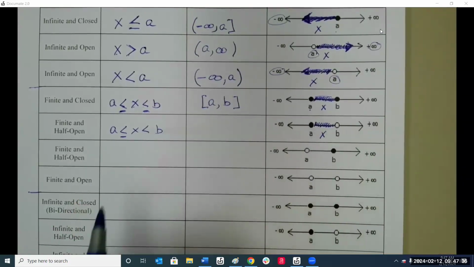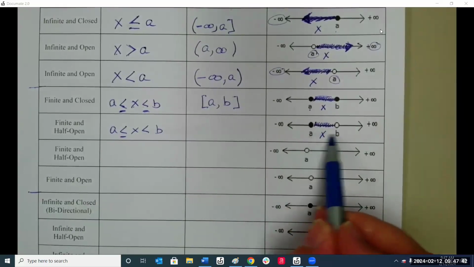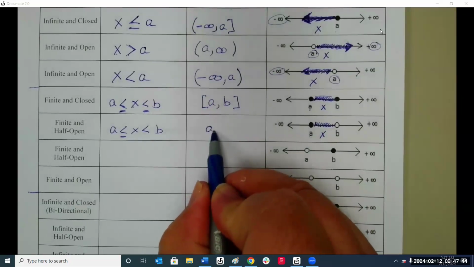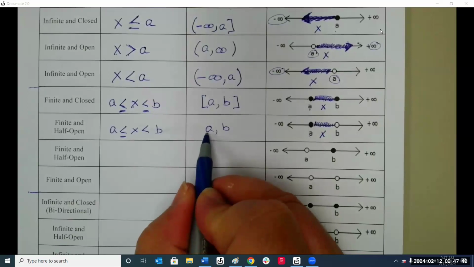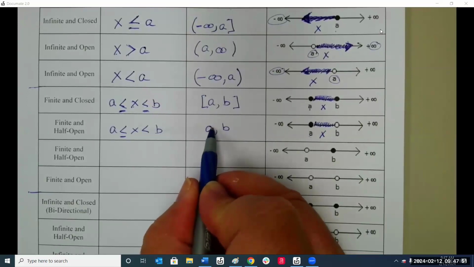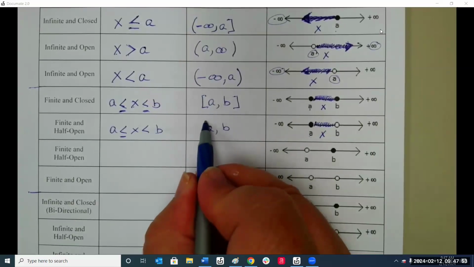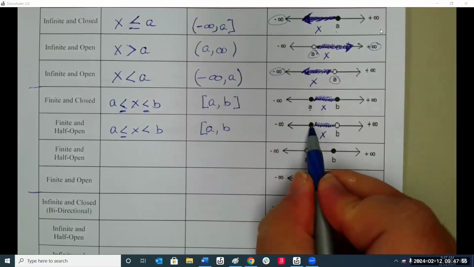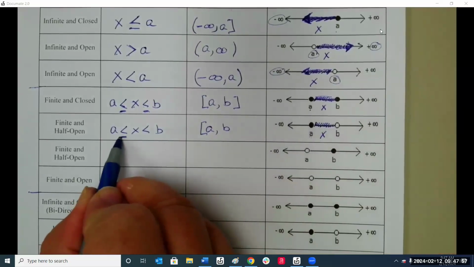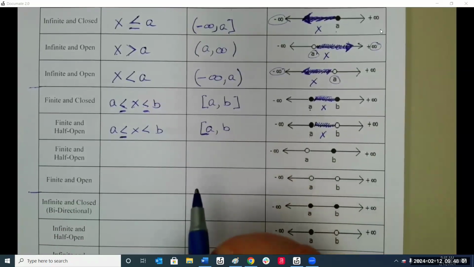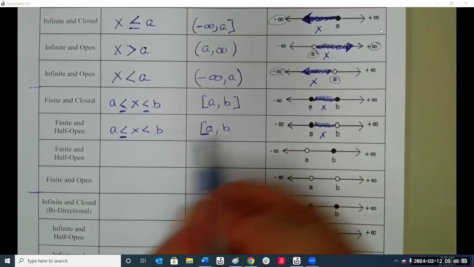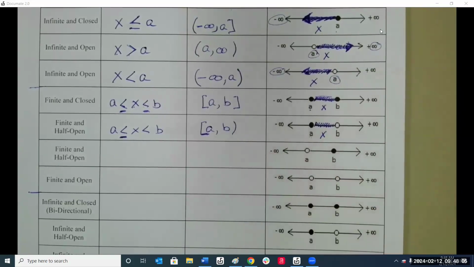No, so it's strict inequality. a and b are my endpoints. Is a going to be a bracket or a parenthesis? Bracket. Because it's a solid, or if you look at this one, because there's a line here, you put a line there, which means it's a bracket. Can we use b? No, it's open.